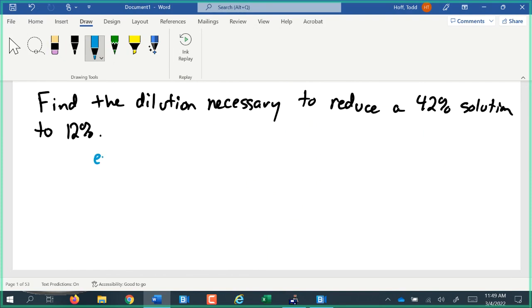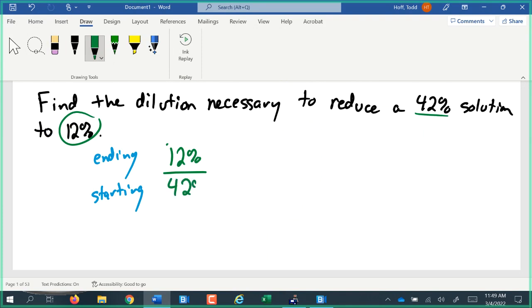It is the ending concentration compared to the starting concentration. So our ending concentration here would be the 12%. The starting concentration would be the 42%. Now I'm entering these as percents. You could enter them as decimals too, as 0.12 and 0.42. They would reduce the same. We just have to move the decimals to get the decimals out of our ratios before we reduce them.